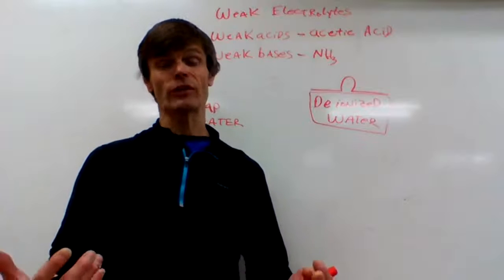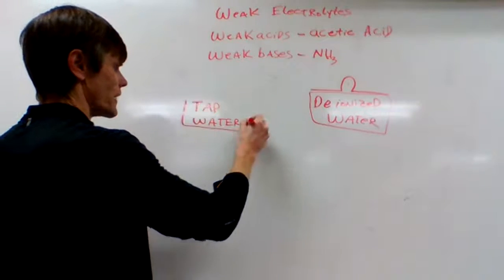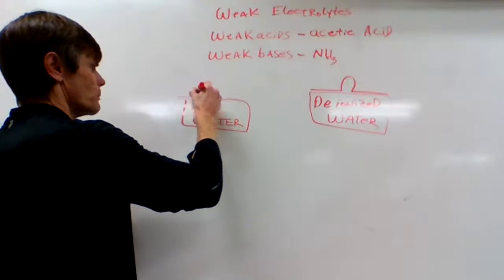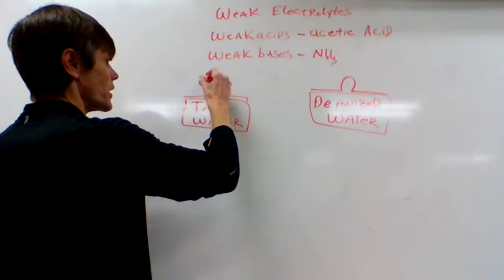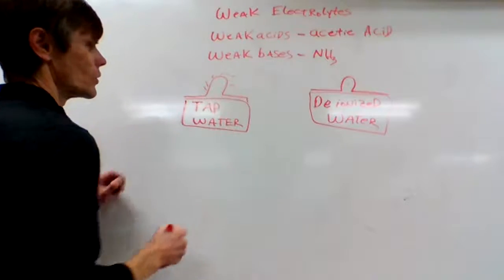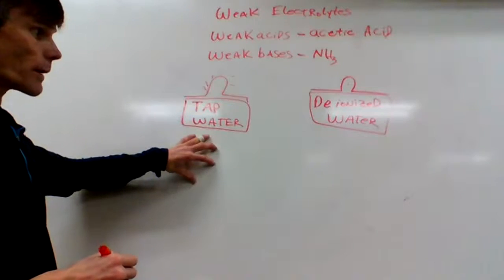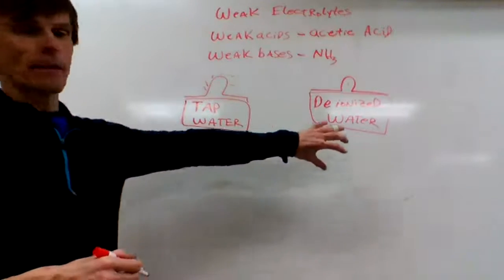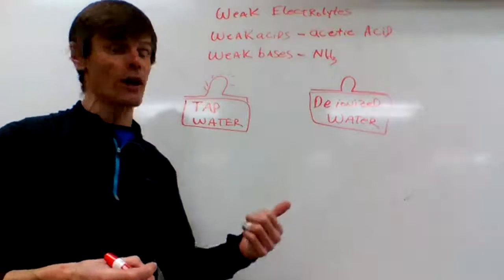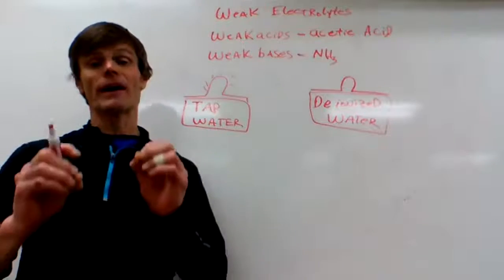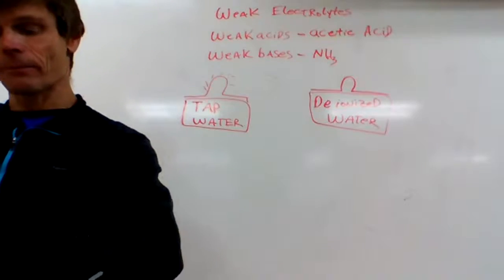There might be some rust in tap water. Tap water has a rich source of ions in it. If we put a light bulb over tap water, it's probably going to illuminate to some extent greater than if we had deionized water. So tap water is a weak electrolyte. Deionized water is even weaker because there's no ions, where tap water has a limited amount of dissolved ions in its environment.